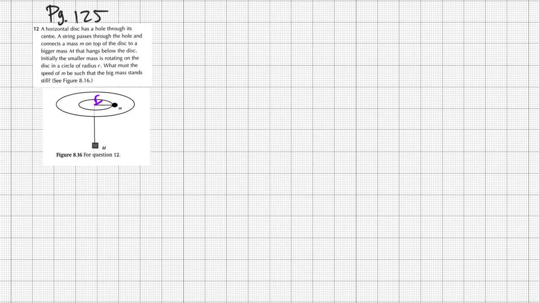So if we look at the individual masses, let's look at little mass here, and it's rotating in a circular motion. There's really just one force that's acting in that circular motion. This obviously has a normal force and a force of gravity, but it also has a tension force. And it's the tension force which is going to be causing it to go in a circle.